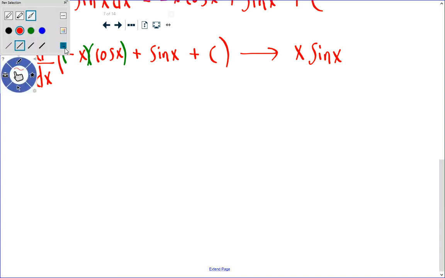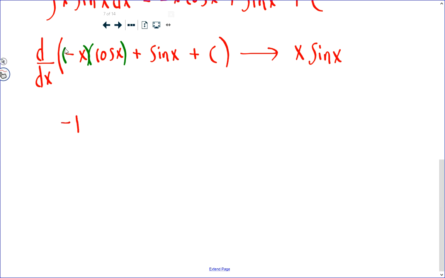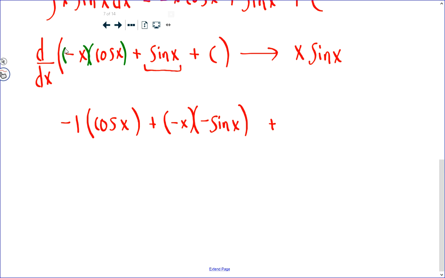The derivative of the first, which is negative x, is negative 1 multiplied by the second, plus the first, which is negative x, multiplied by the derivative of the second, which would be negative sine of x. Now we move on to the next term, which is sine of x. The derivative of sine of x is cosine of x. The derivative of my constant is 0.